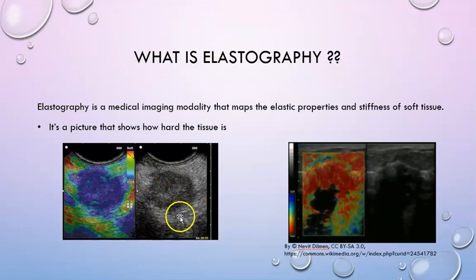If it's hard, it's going to be something significant. And then when we look at it on elastography, we not only see that the lesion is slightly bigger than what we were expecting because the hardness extends beyond the boundaries that we see on the ultrasound, but we can see in this scale that's here, this hard to soft scale, that this is in fact a hard lesion. And so with the hard lesion, you would be very concerned that this would be a tumor, a malignant tumor in fact.